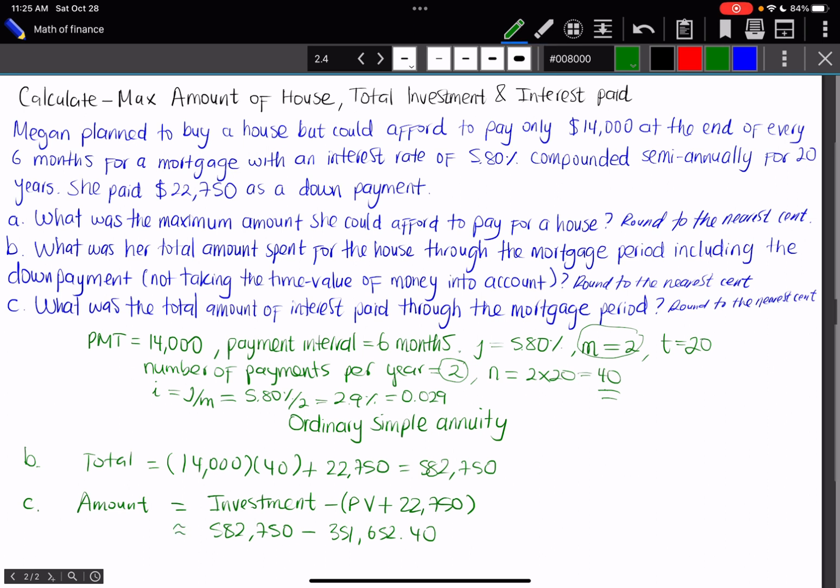So this is approximate at this point. The subtraction of those numbers should be equal to $231,097.6. So the total amount of interest paid through the mortgage period was about $231,097.6.